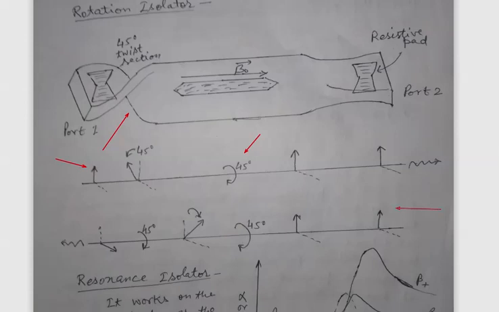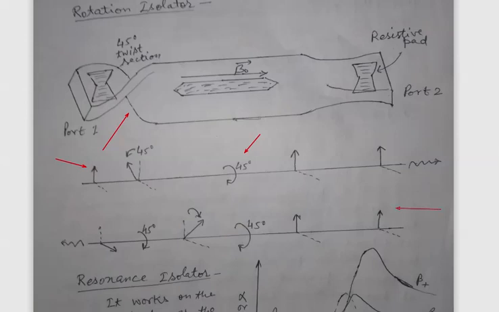Since this wave does not have the correct polarity to transmit from port number 1, it will be reflected back from port 1 towards port 2 in the same orientational plane, and therefore also does not transmit from port number 2.